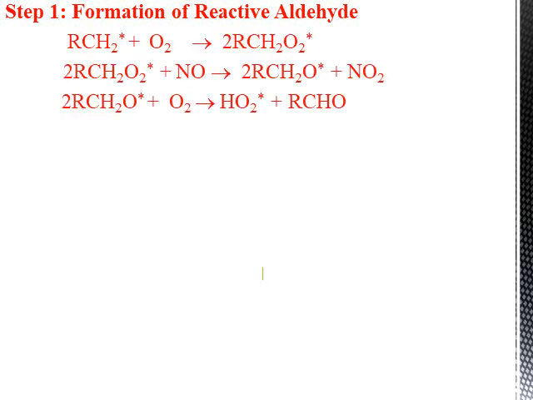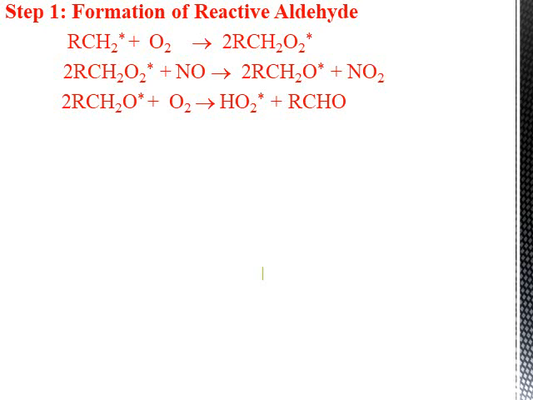Now, during the formation of photochemical smog, the first step is the formation of a reactive aldehyde. You know from the previous equation, the RCH2 alkyl free radical further reacts with oxygen and forms RCH2O2 dot, again one more free radical intermediate.